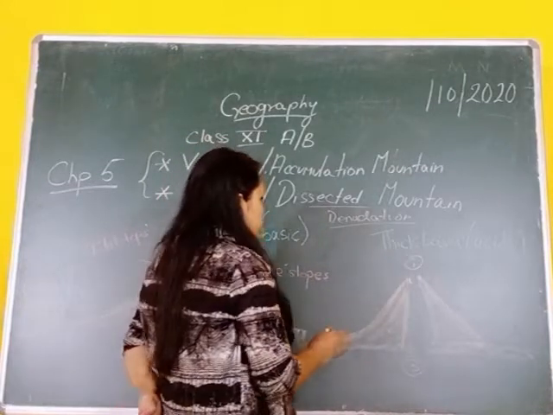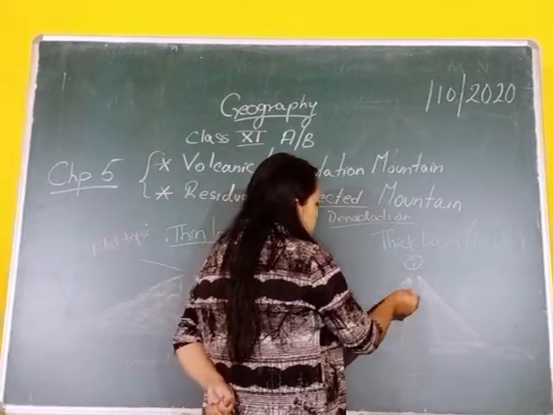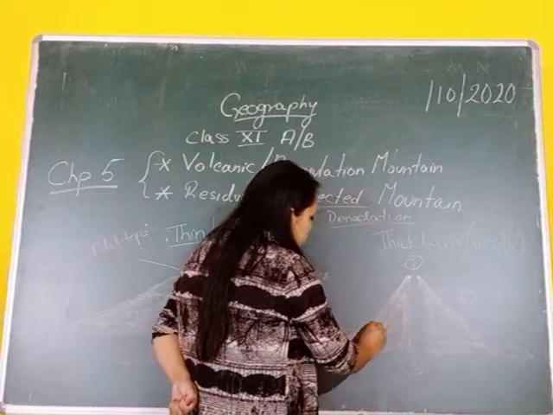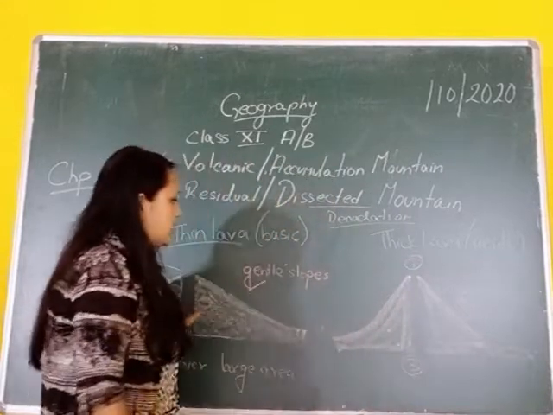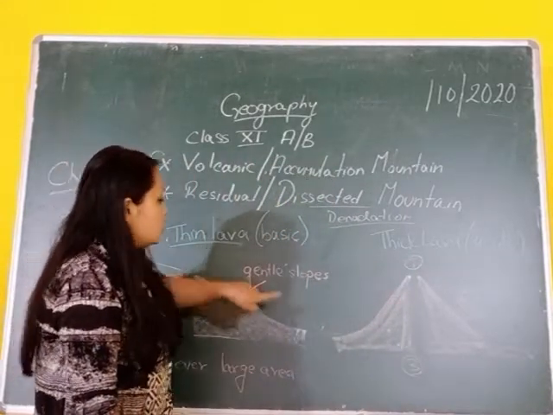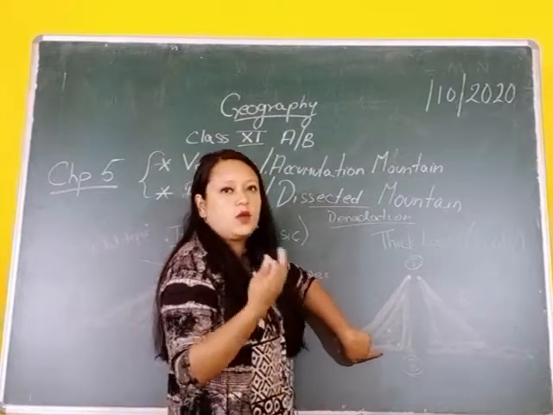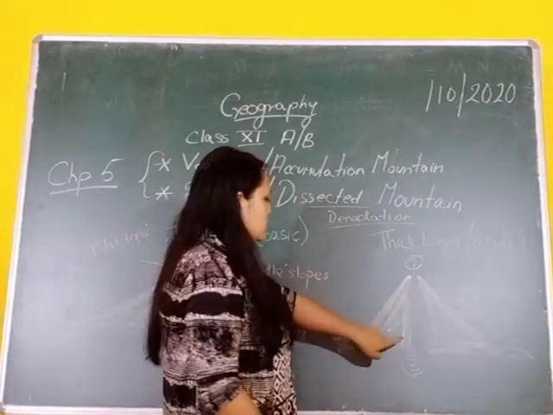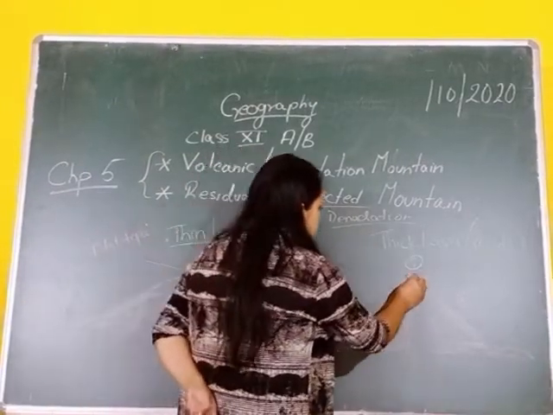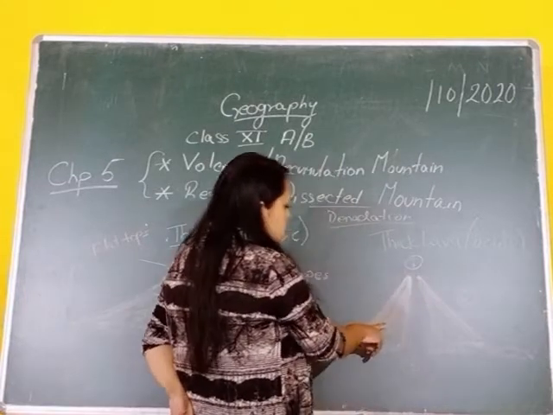Since it is thicker than the lava of the first type, it also solidifies quickly. As soon as it comes out of the surface of the earth, it starts solidifying.